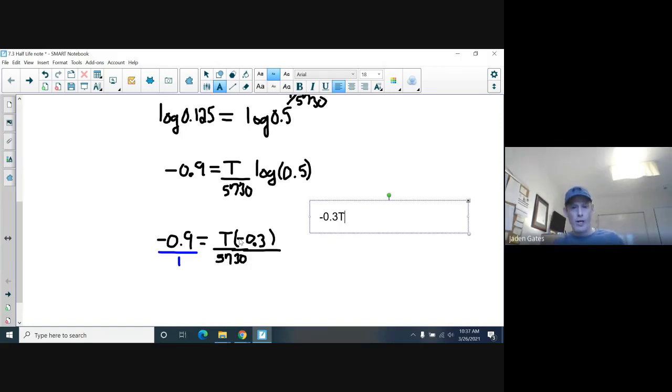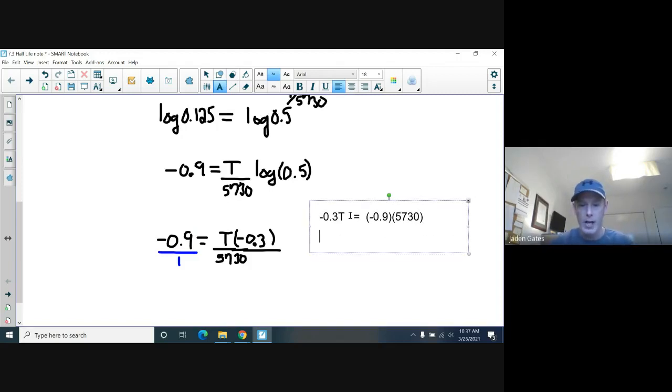So there's the one part, 1 times that. I just rearranged the t and the negative 0.3 because when you're multiplying, you can do it in any order. And then on the other side, I have negative 0.9 times 5,730.